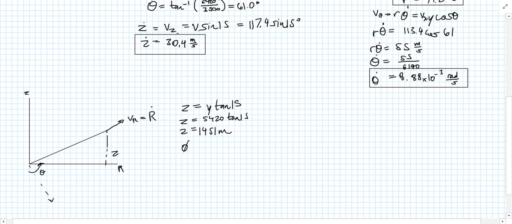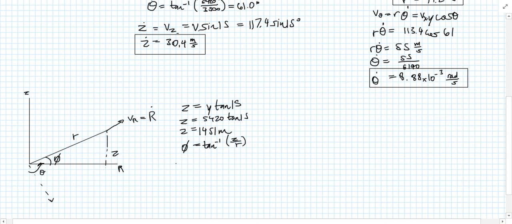Now we have to find out what phi is. So phi is this angle right here. Phi is going to be equal to the inverse tangent of z over r. So this is our r.